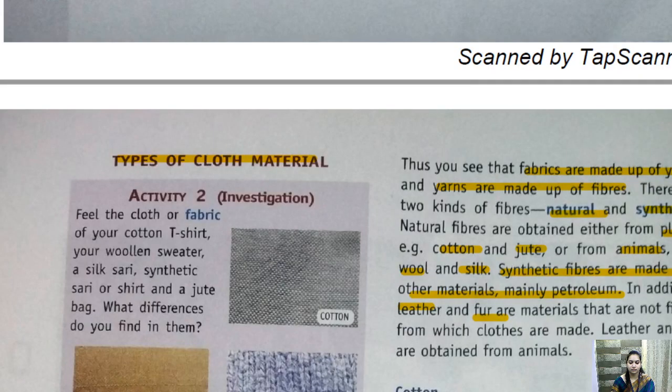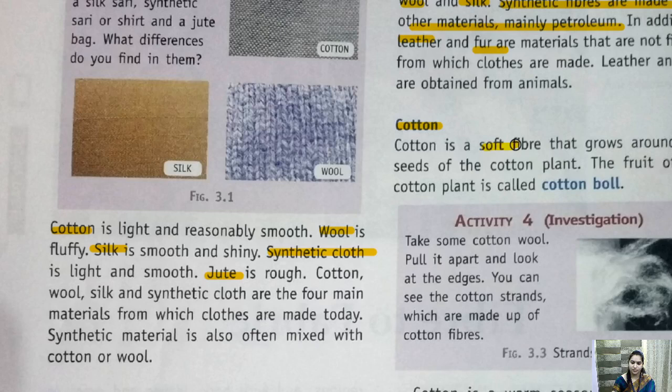Okay. So we have talked about types of cloth. Coming on to cotton. So what is the texture of cotton? Cotton is soft. Yes. And it is obtained from cotton plant. Cotton plant consists of a fruit called cotton bolls. So they consist of a fruit called cotton bolls that I have shown you.